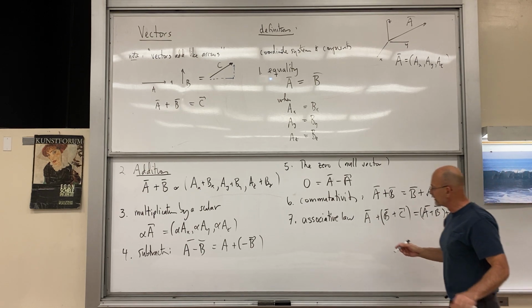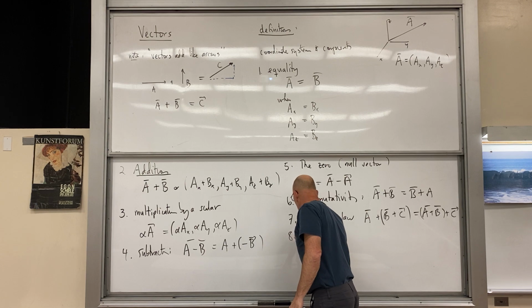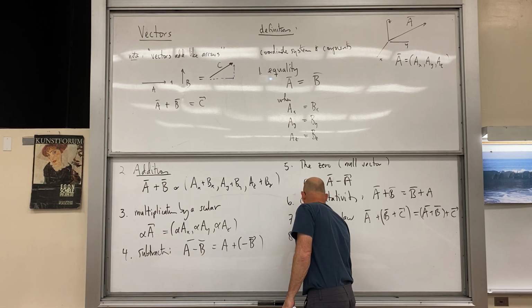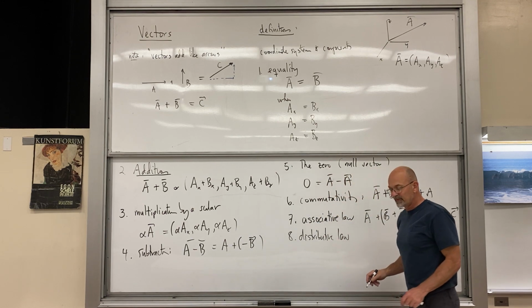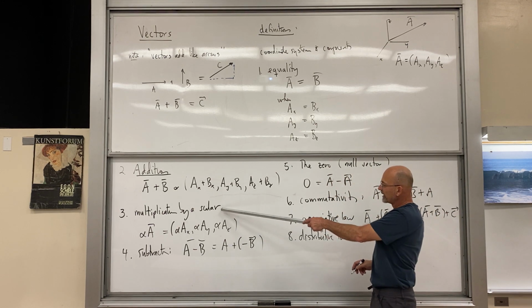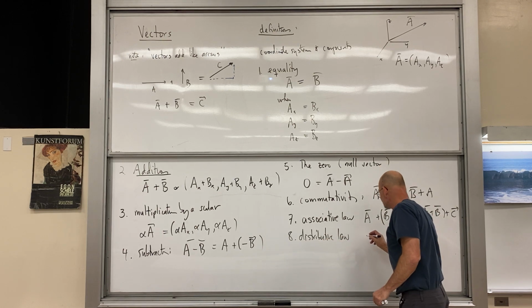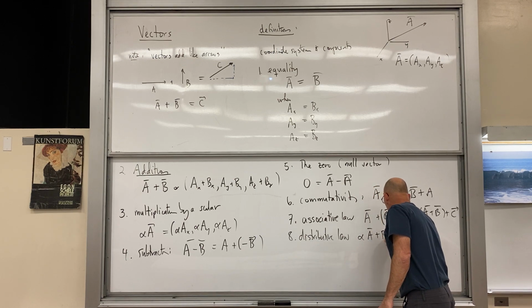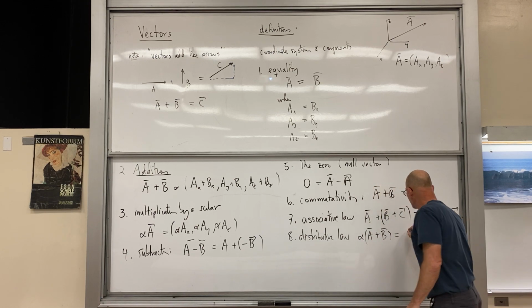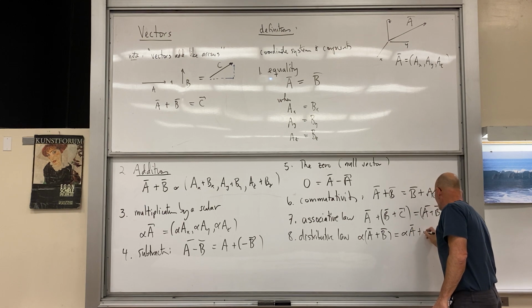Put them this way, and then finally the distributive law, which refers to the multiplication by a scalar. So alpha times A plus B is equal to alpha A plus alpha B.